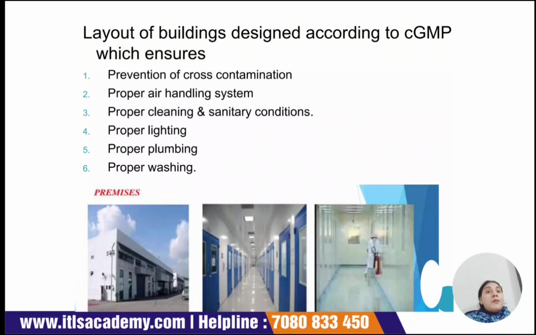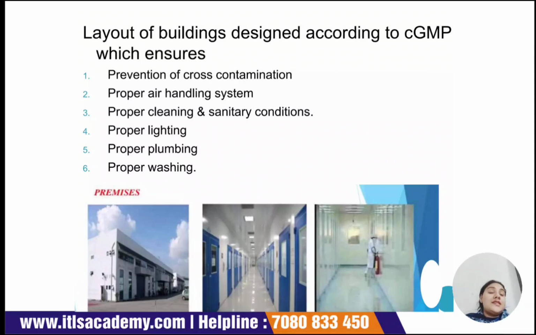But there should be a proper air handling system, then proper cleaning and sanitary conditions, proper lighting, proper plumbing and proper washing. This type of layout is designed according to the CGMP guideline, as you can see in the image also. In the third image, you can see a person standing, and the person is wearing a proper type of dress.